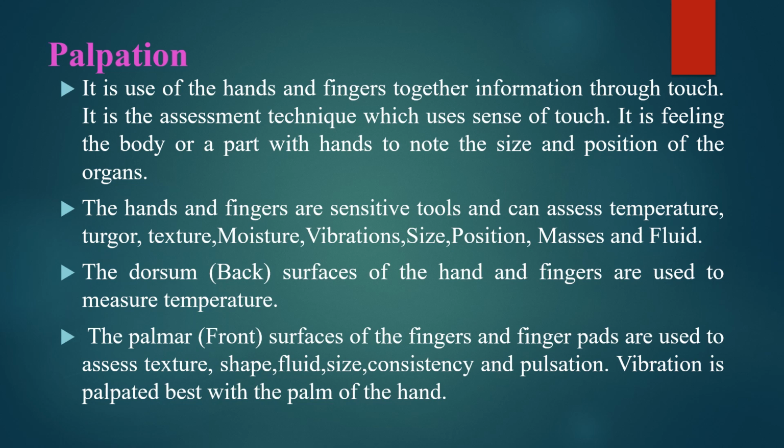Next, the dorsum, that is the back surface of the hands and fingers, is used to measure temperature. The palmar, that is the front surfaces of the fingers and finger pads, are used to assess texture, shape, fluid, size, consistency and pulsation. Vibration is palpated best with the palm of the hand.